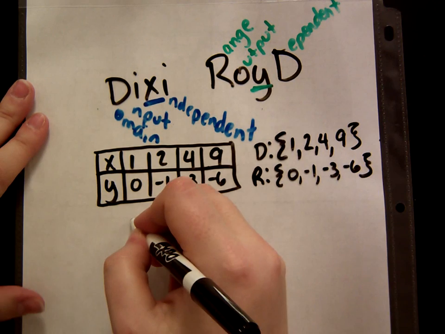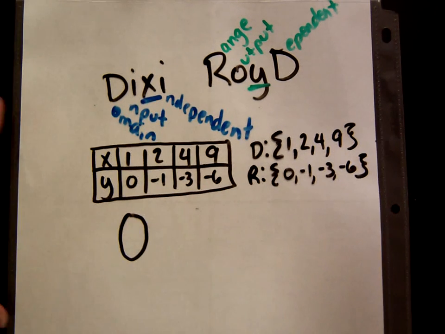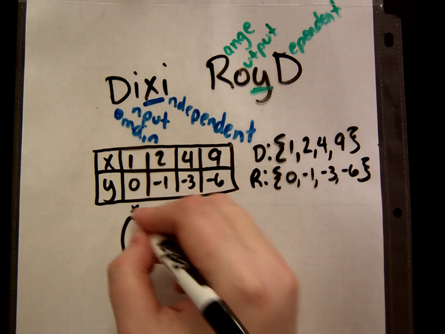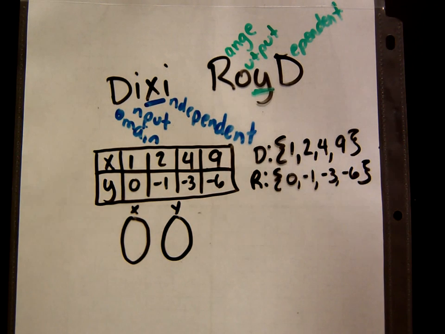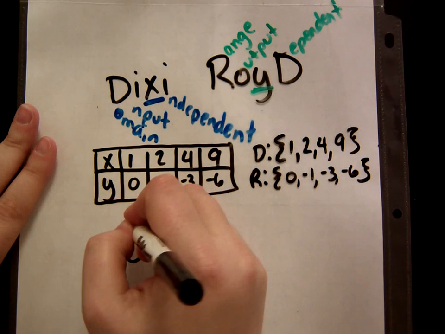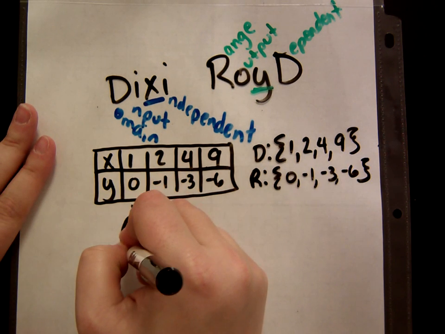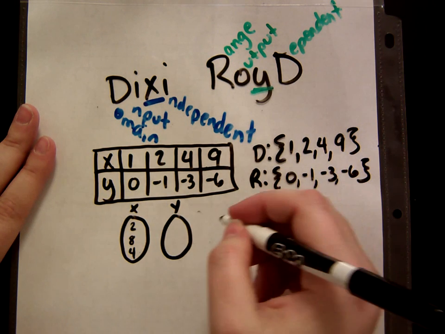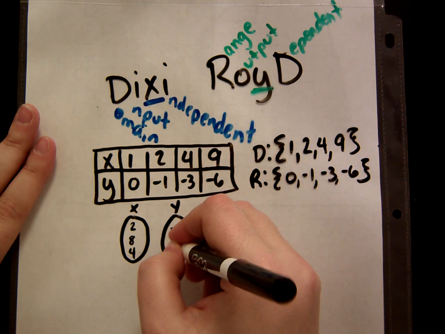So let's say I had a mapping. And remember, mapping is showing your input and output. So 2, 8, and 4, and we'll do -4 and 0 over here.